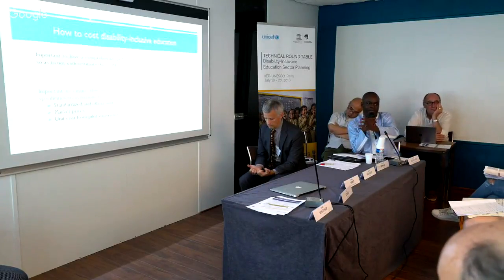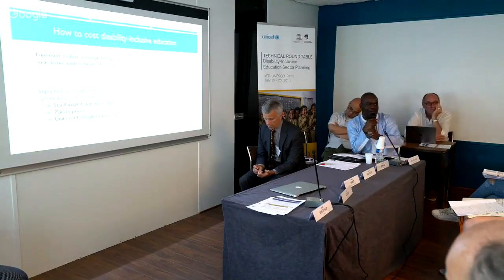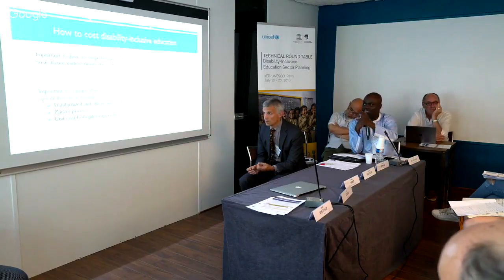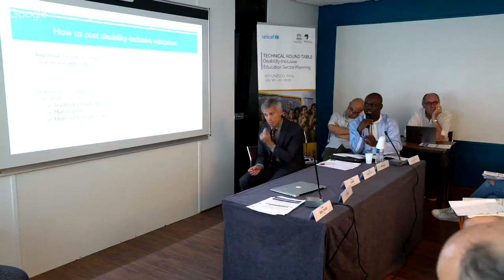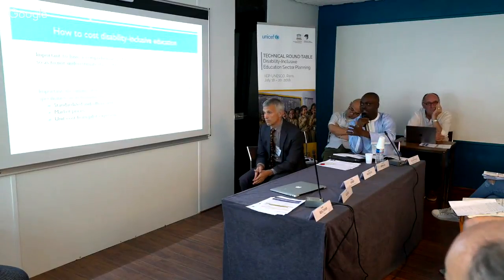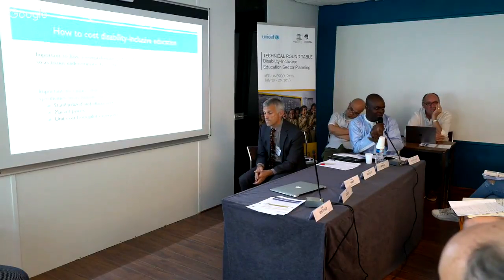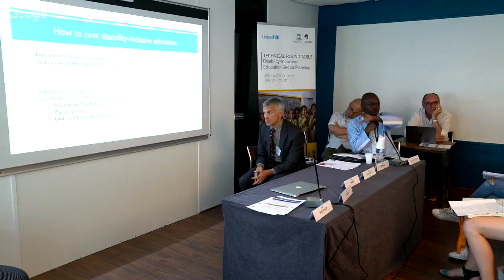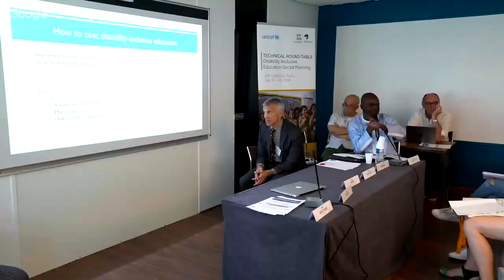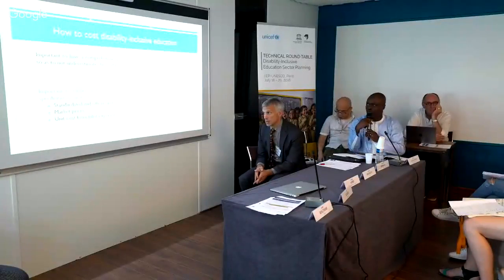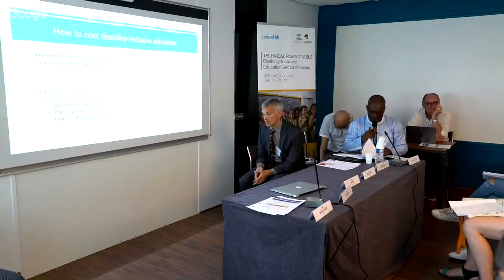Some items may not have, for example, a standardized or official unit cost. And then we know that from pilot experiences, we can also have some unit cost. So crossing all these kinds of cost may be useful to identify the more reliable unit cost for inclusive education.